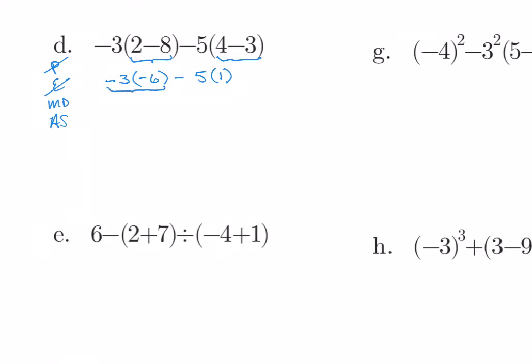We get negative 3 and negative 6. 3 times 6 is 18, and my negatives cancel out, so we get positive 18. Minus 5 times 1 is 5. 18 minus 5 is 13.